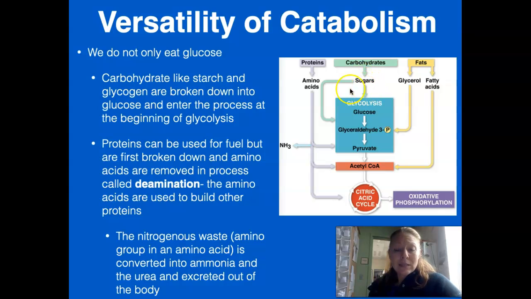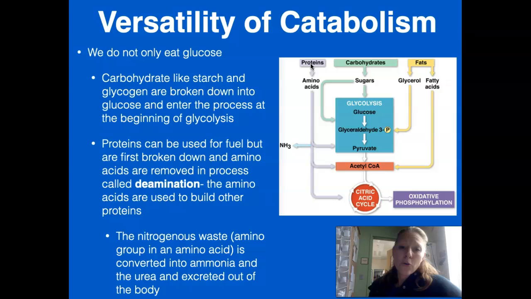And proteins, when you eat a protein, are going to be used for fuel. Some parts are going to be used for fuel, but those amino acids are going to be used as parts. And so those parts are going to be stripped down first, and that's called deamination.